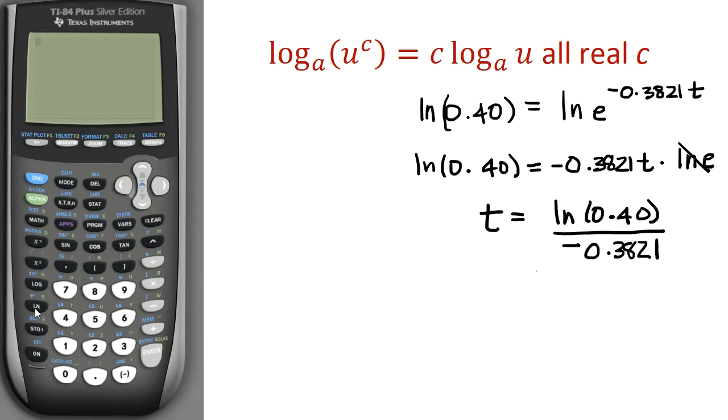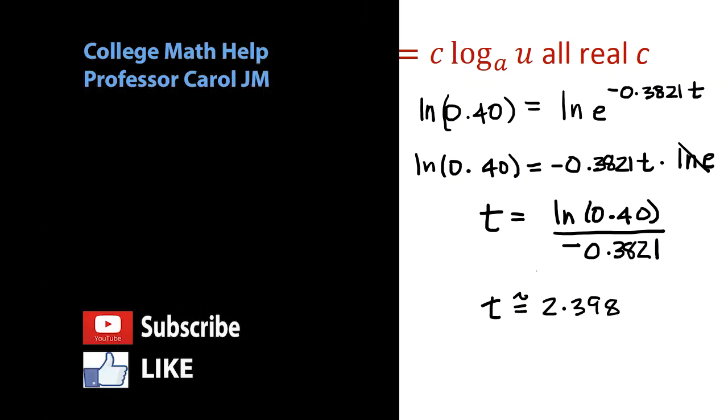So calculating that, we have the natural log of 0.40 divided by negative 0.3821, and we see that we can round that to 3 decimal places when t is approximately equal to 2.398. So I'd say 2.398 years.